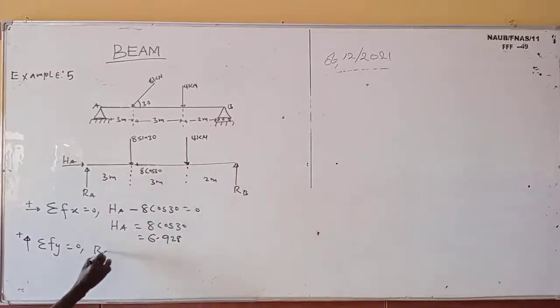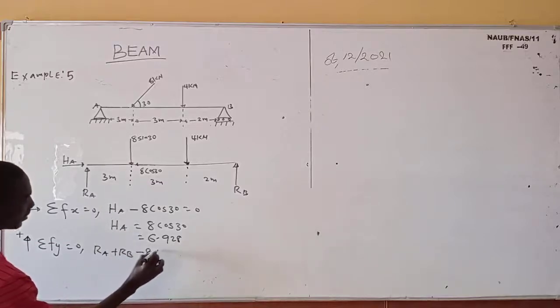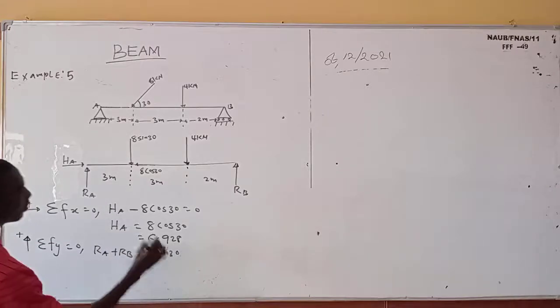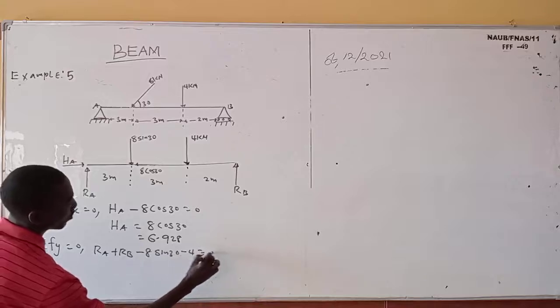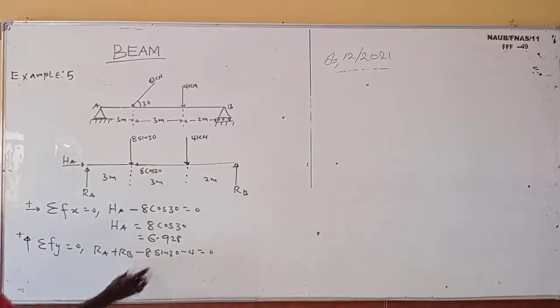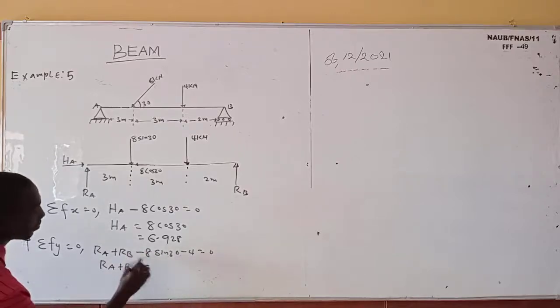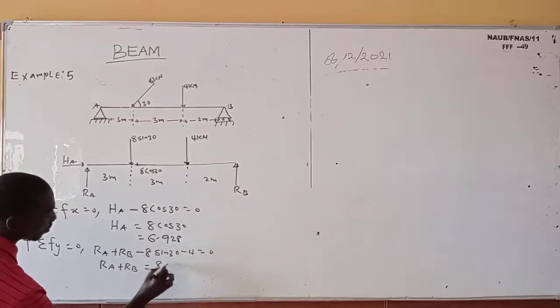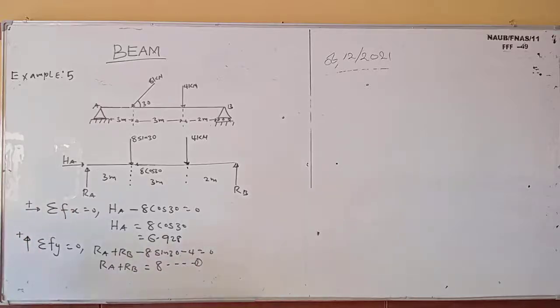So we are going to say RA plus RB minus 8 sine 30 minus 4 equals to 0. But don't forget that sine 30 is half. So it shows that if this one is half, 8 divided by 2 is 4. So minus 4 is minus 8. And when you cross, it becomes 8. Equation 1. Do you get that?